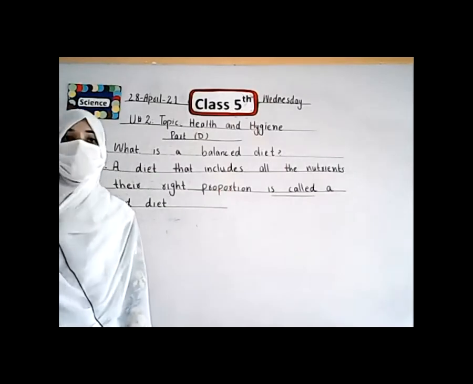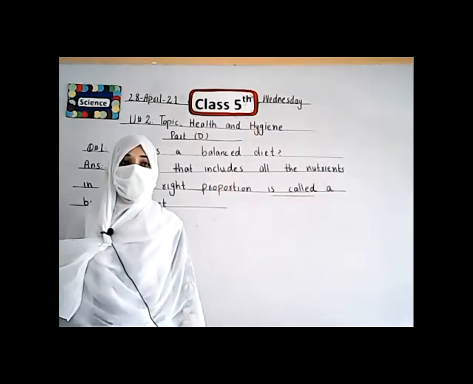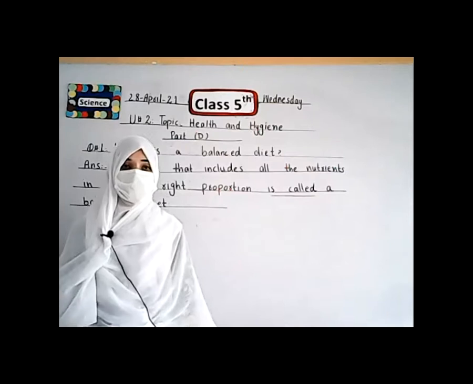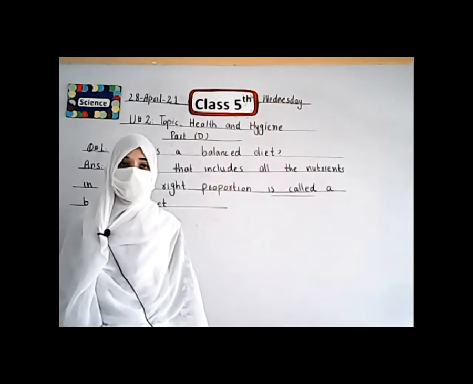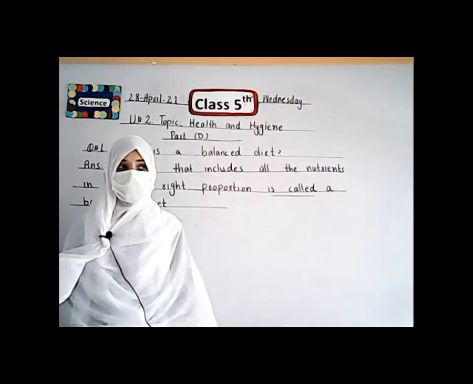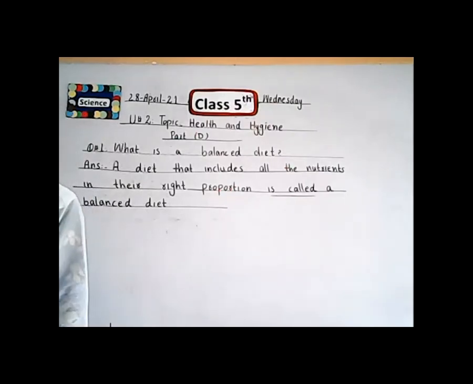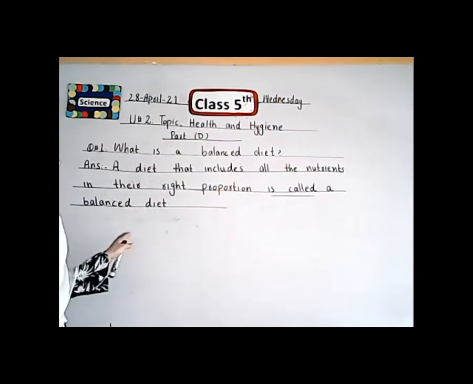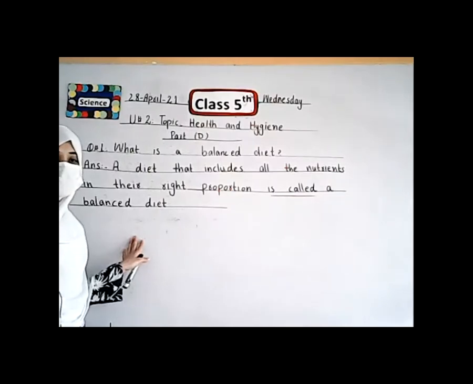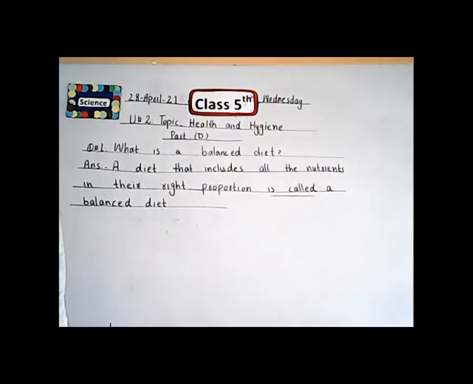We should include them in our diet in the right proportion, so that our body gets proper energy and we grow and are able to do different kinds of work. Is it clear? I hope all the students understand this question and also note down this.